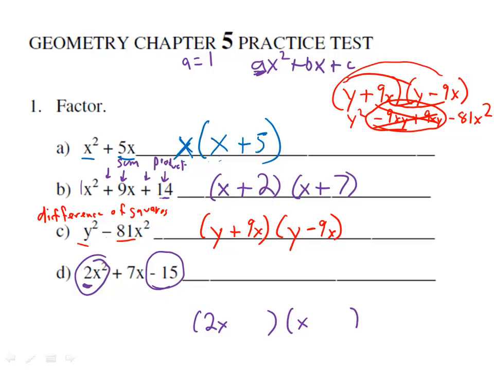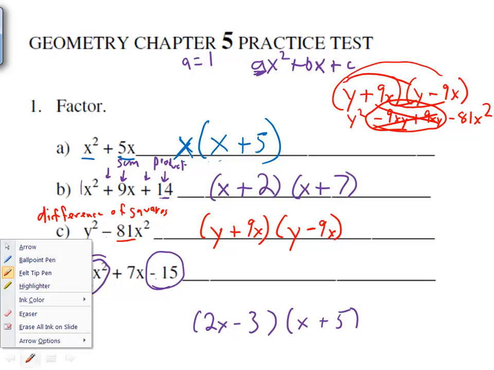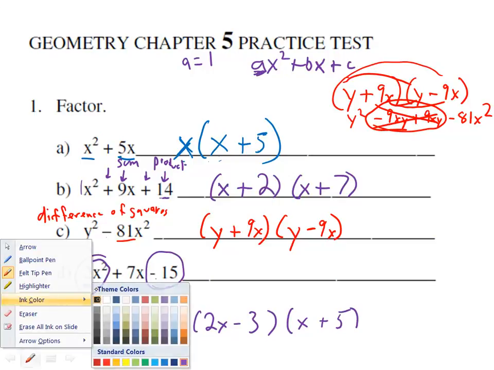So those are your choices. Let's try 3 and 5. Now, when I end up with an addition in the middle and a subtraction at the end, that means one of mine is addition and one of them is subtraction. So let's try the subtraction addition. If it doesn't work when I FOIL it, well, that's no problem. We can just go back and switch the signs.